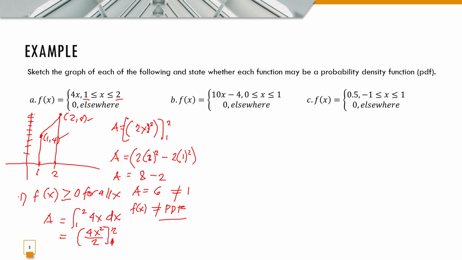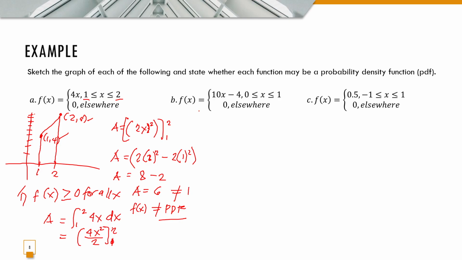The first property is correct, but the second property does not hold, since the area should be equal to 1. If it does not follow in this case, it would not represent a probability density function.